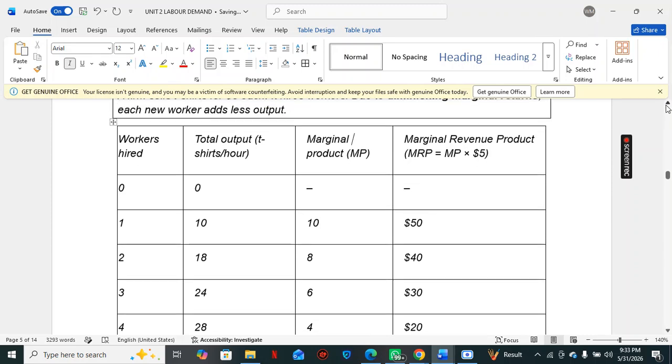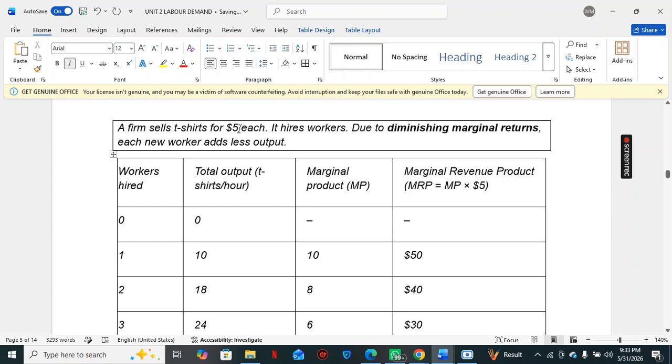This firm sells t-shirts at $5 each, and we're going to see what happens to the marginal revenue product the more workers the firm starts hiring. We're going to see how this marginal revenue product drops.